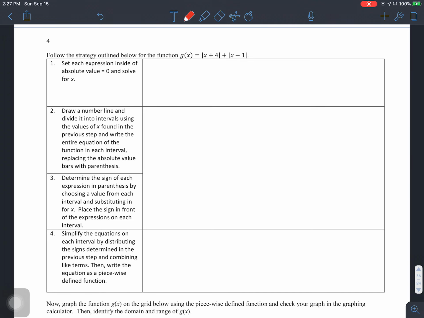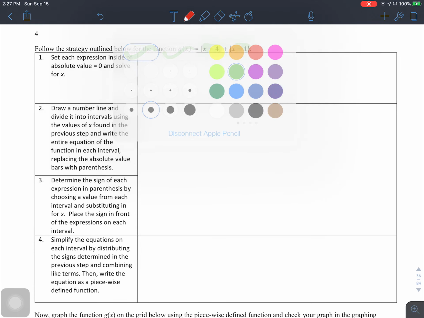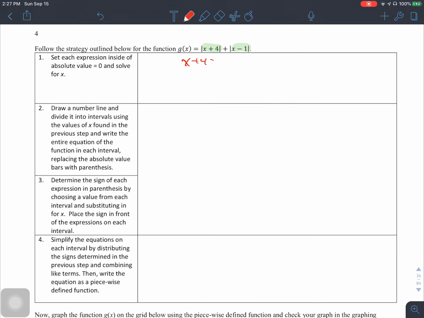So what we're supposed to do first, take each of these things in absolute values, set them equal to 0, and solve them. So our domain is going to be broken apart. And I did a terrible job of writing this.